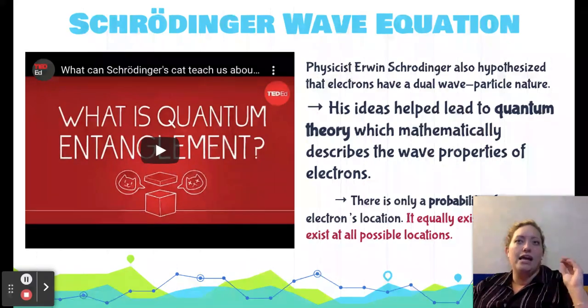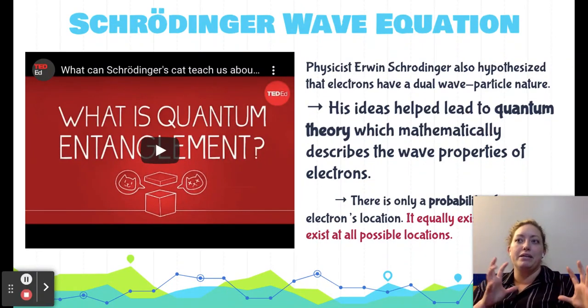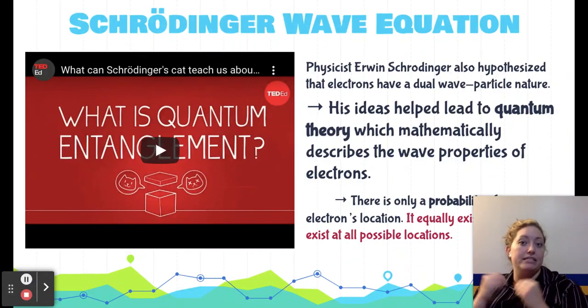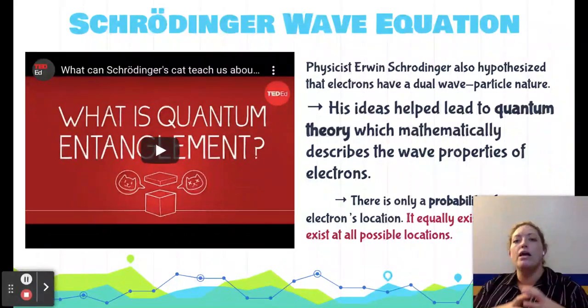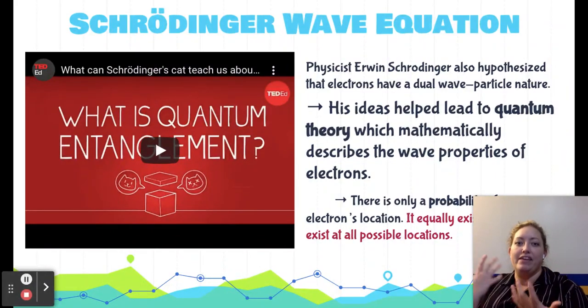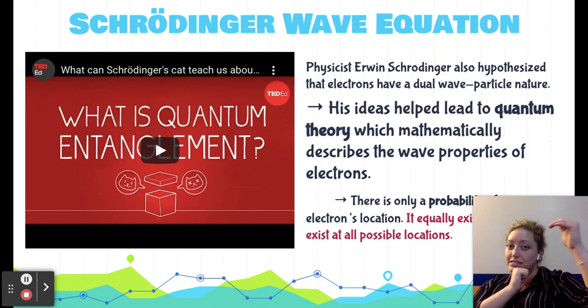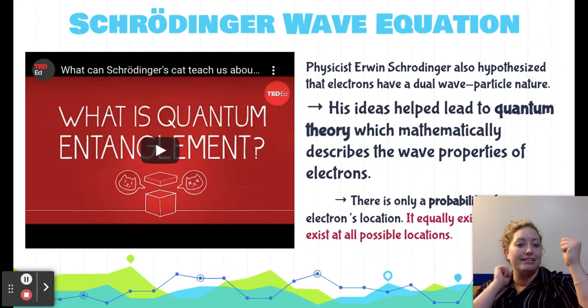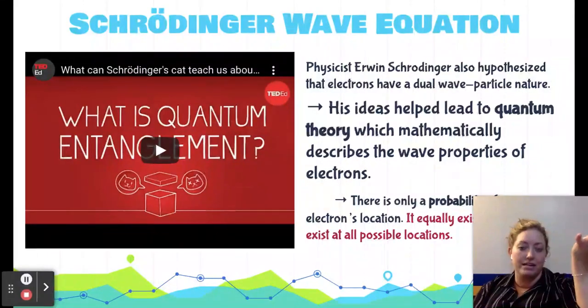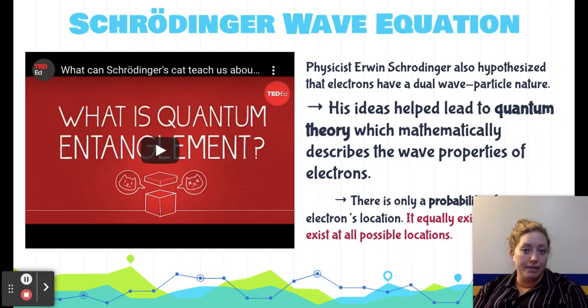So his theory is that an electron, because we can't identify exactly where it is or exactly how fast it's going at the same time, that we can only give a probability of where it should be located. So we have to say then that an electron both equally exists in this exact place and does not exist in this exact place at the same time.